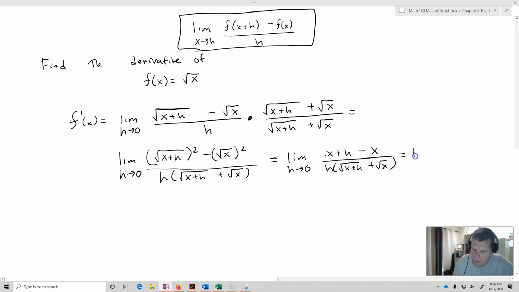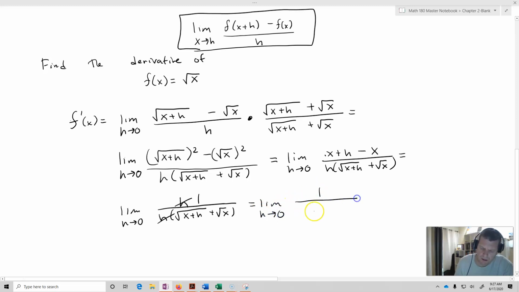And so that's going to equal the limit as h approaches 0 of h over h times the square root of x plus h plus root x. Yay! Good news, those h's are going to cancel. That's going to become a 1. And so this is now the limit as h approaches 0 of 1 over the square root of x plus h plus root x.